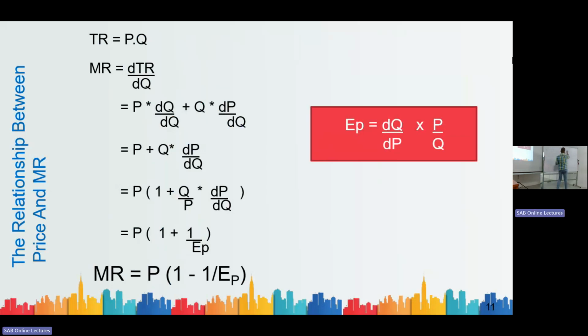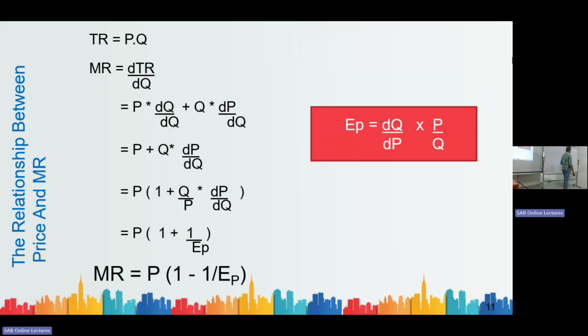So we have the demand function, the demand curve, Q equals 10 minus 2P.